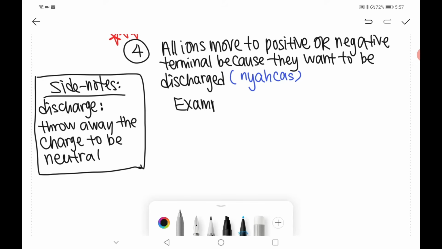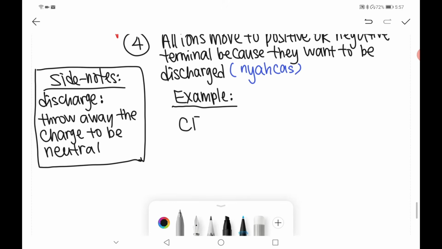Let me give you some examples. Let's say Cl- ion: when it throws the charge away, it becomes neutral Cl. In a neutral form, we always have it as Cl2; we never see Cl alone.